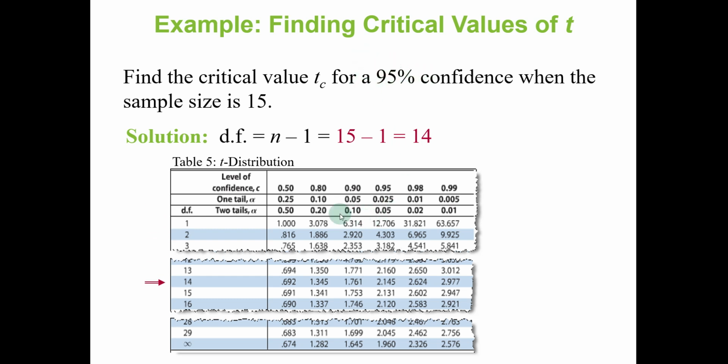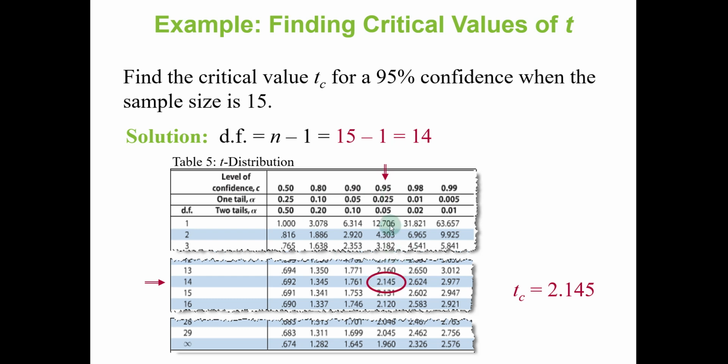You come to your table, you are looking for C. This is your C, 95. Degrees of freedom is 14. So where you see DF, it simply means degrees of freedom. You've already calculated it. It's n-1. So you will go to 14 and 95. And then the point of intersection will be your value.